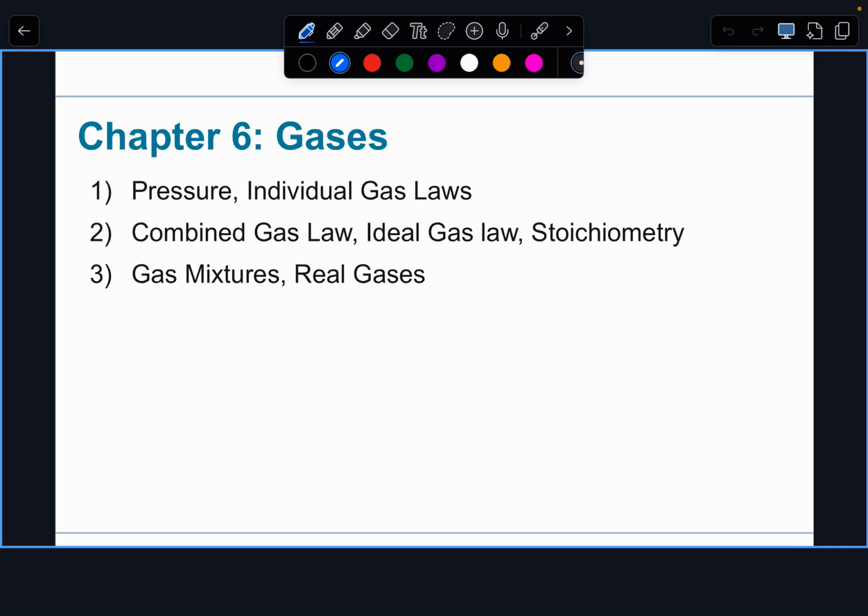So there you go. All right, we are starting gases today. We talked about solutions. We obviously talked about solids in chapters 3 and 4, and we talked about solutions last chapter.